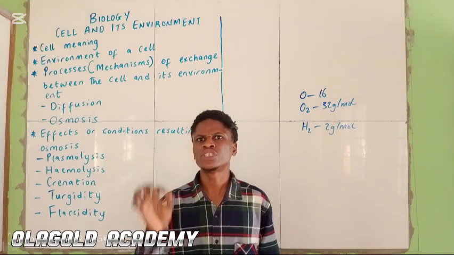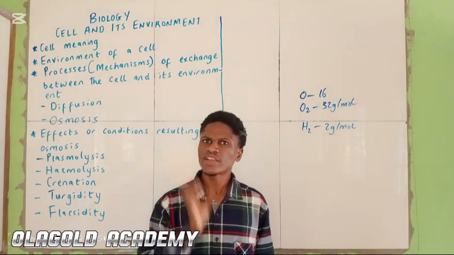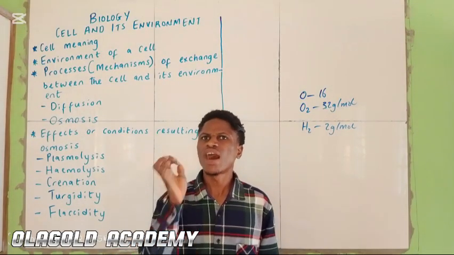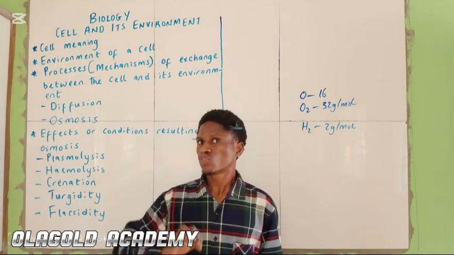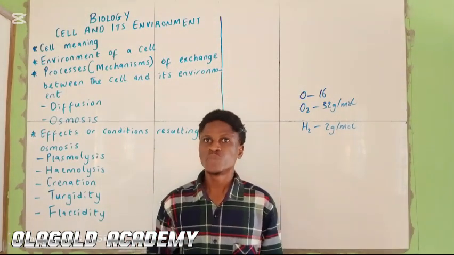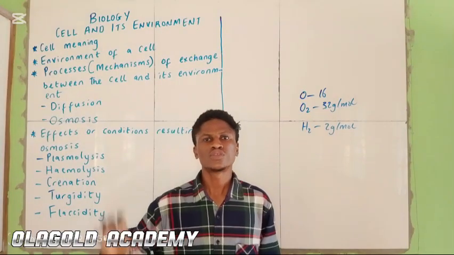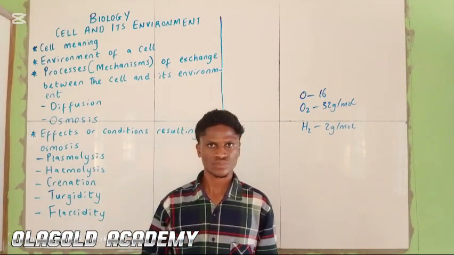It will never allow the ribosome to move out. It will never allow the peroxisome to move out. It will never allow the lysosome to move out. It will never allow the mitochondria to move out. It will never allow the Golgi bodies to move out. It will never allow the nucleus to move out.